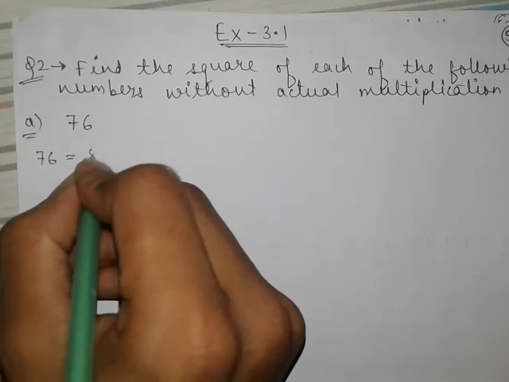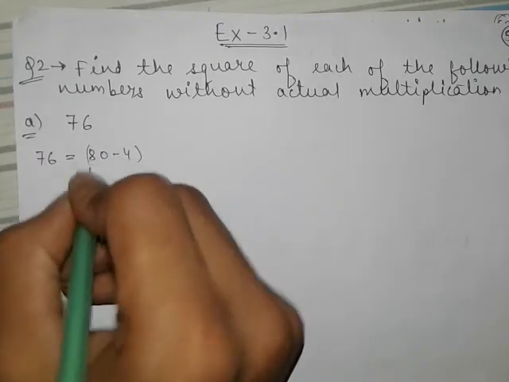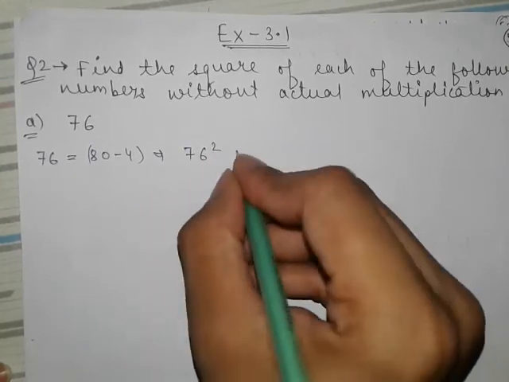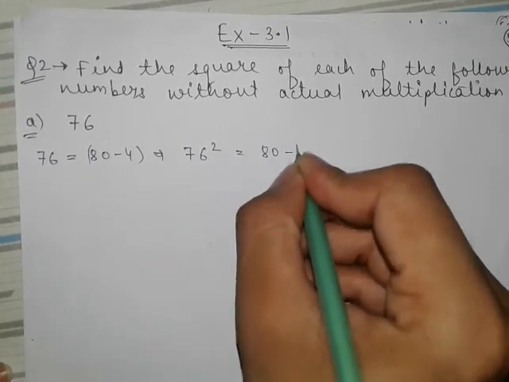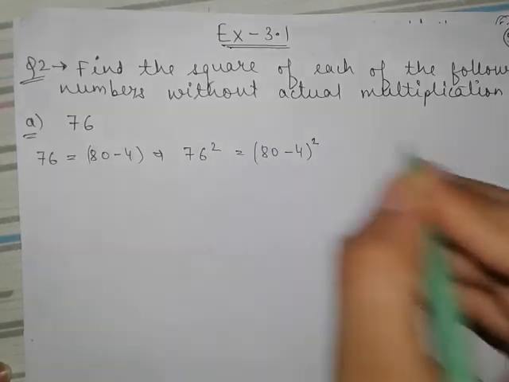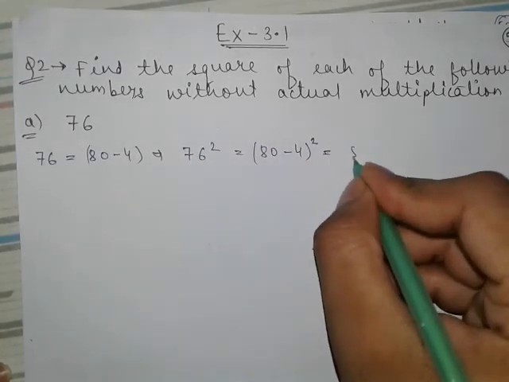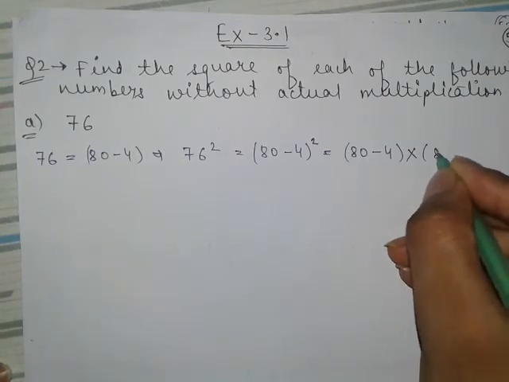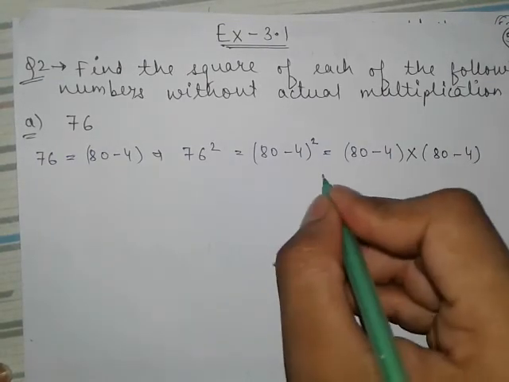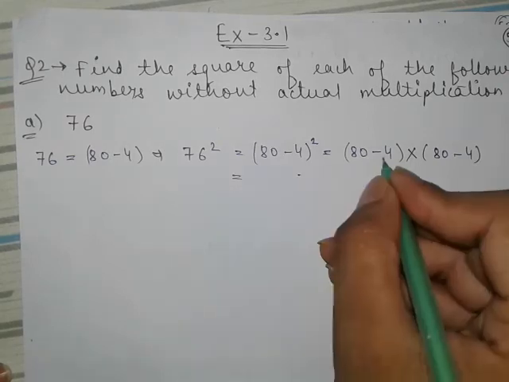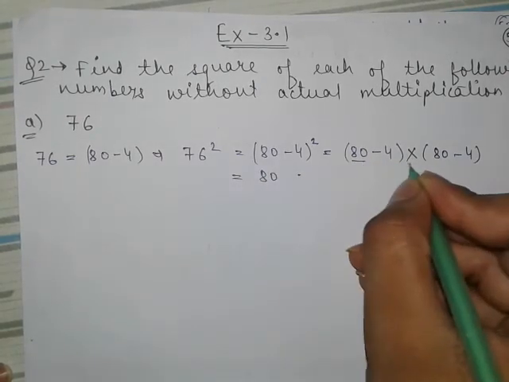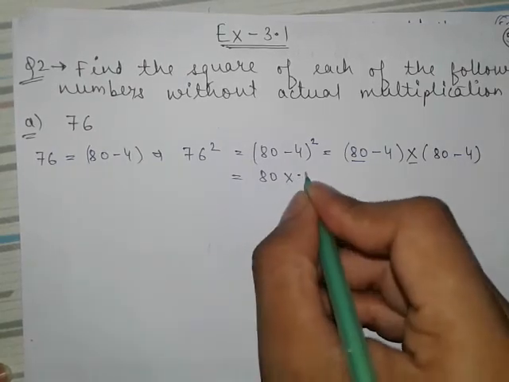76 can be written as 80 minus 4. So if I have to find the square of 76, that means I have to find the square of 80 minus 4. So 80 minus 4 can be written as 80 minus 4 multiplied with 80 minus 4. So now write 80 first and then multiply with the bracket.